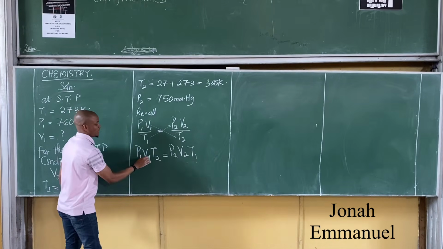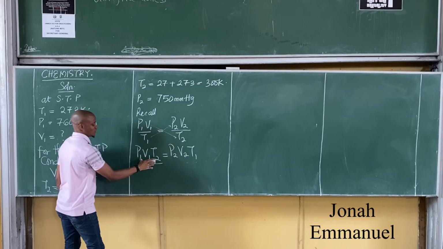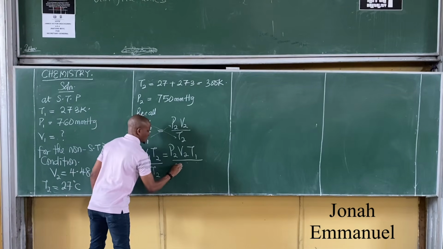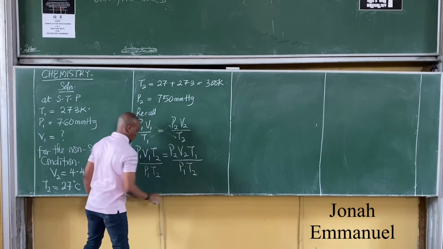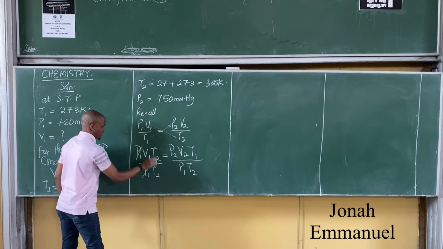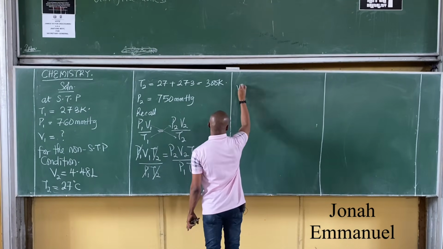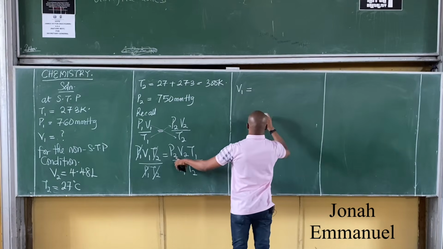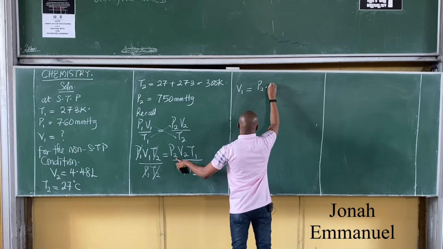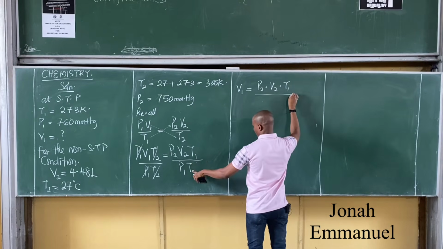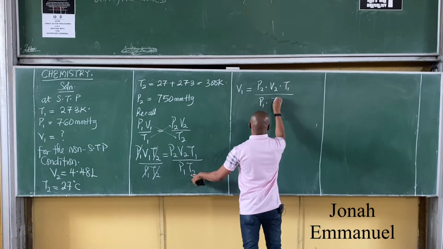I want V1 to stand alone, so I'll divide both sides by P1 T2. Hence, V1 is equal to the product of P2 times V2 times T1 all over P1 times T2.